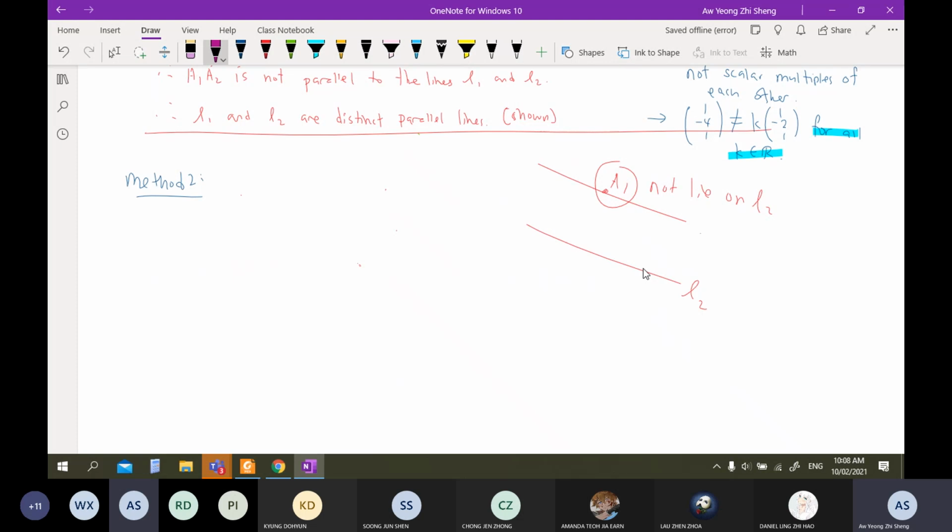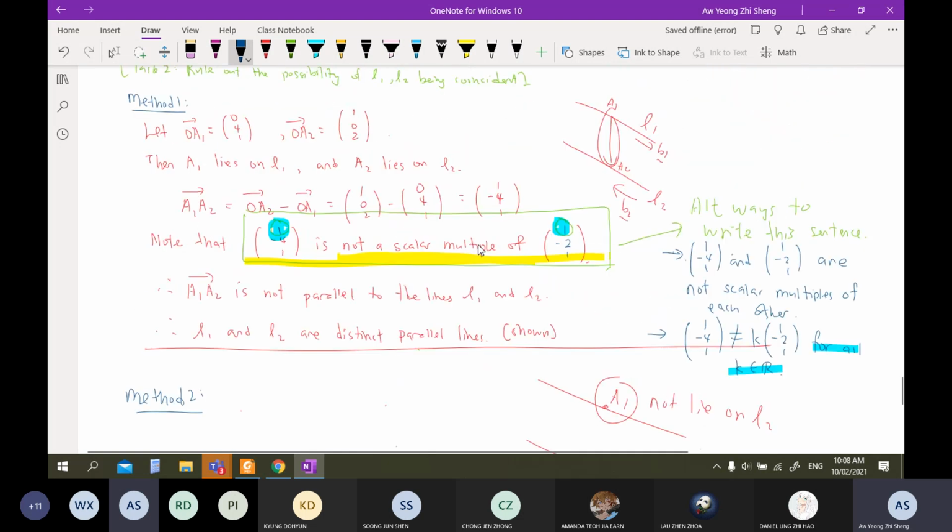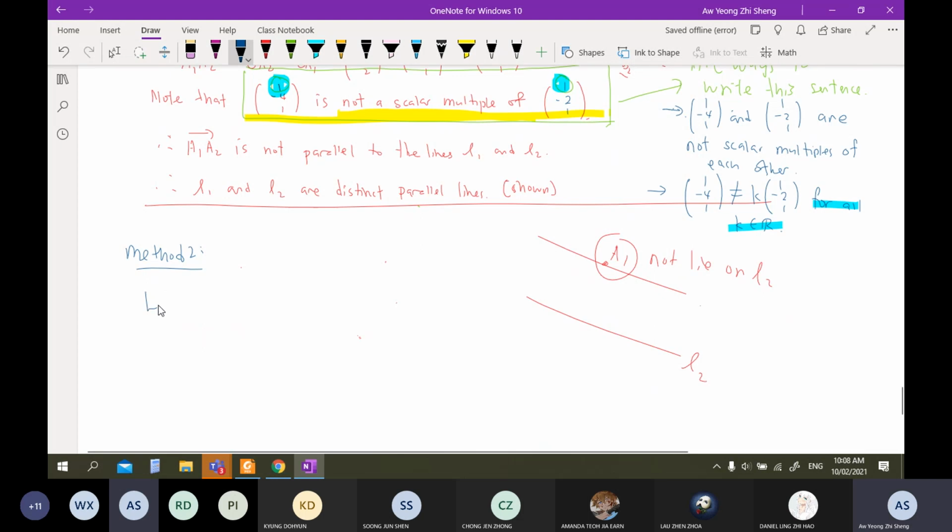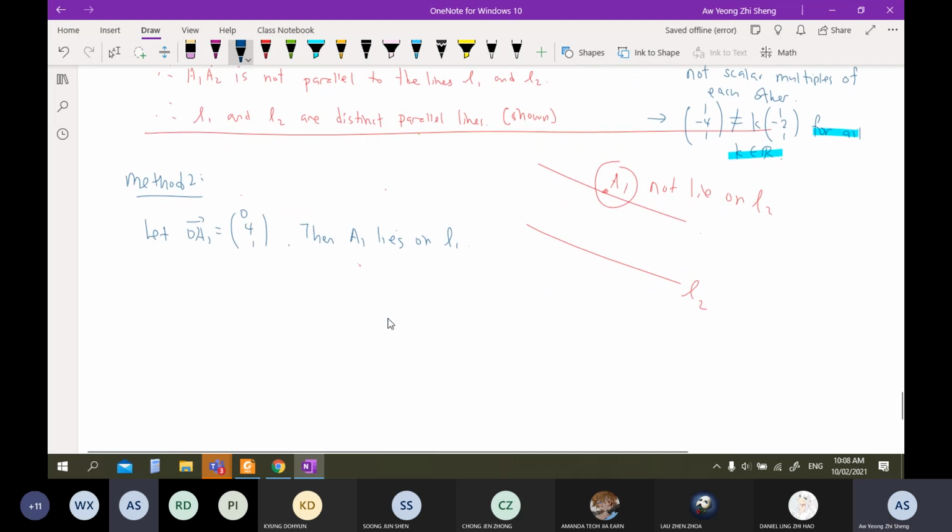Of course, you can also show point A2 doesn't lie on L1. Here we will also need to introduce the point A1. So I will let OA1 be (0, 4, 1). Then A1 lies on L1.